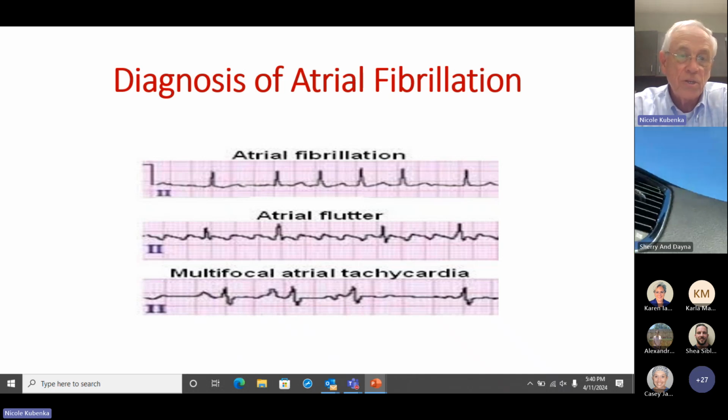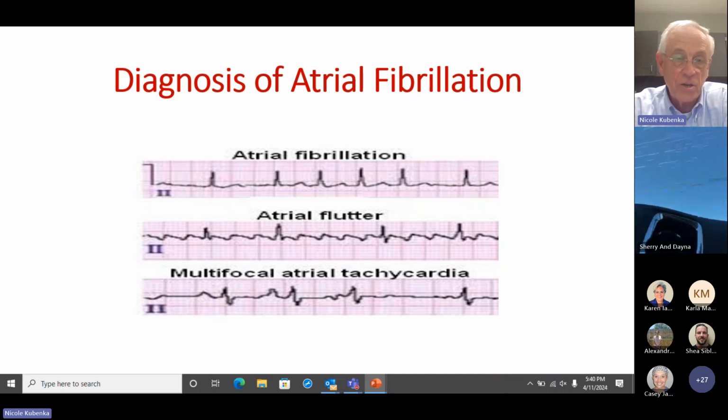So you get different looking P waves and it causes an irregular rhythm, but there's one isolated P wave in front of each QRS. And that's called multifocal rhythm, multifocal atrial tachycardia if it's fast, but it's not atrial fibrillation, it's not atrial flutter because there is just one readily identifiable P wave for each QRS.